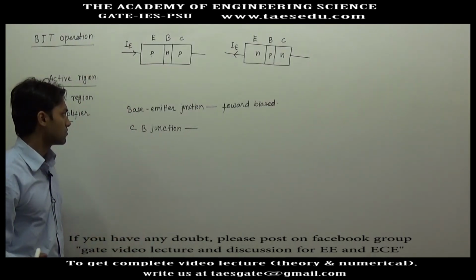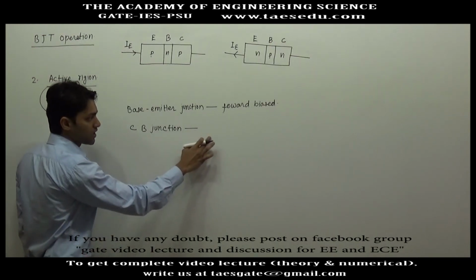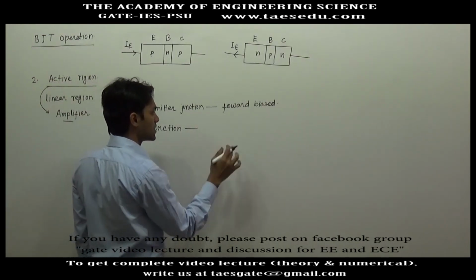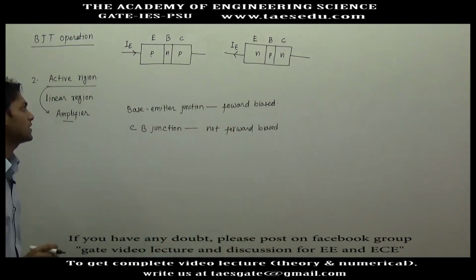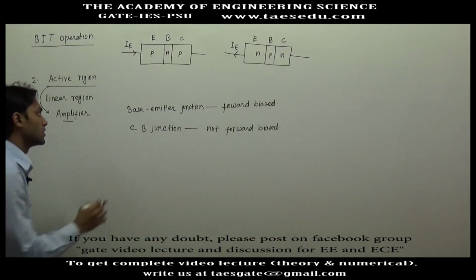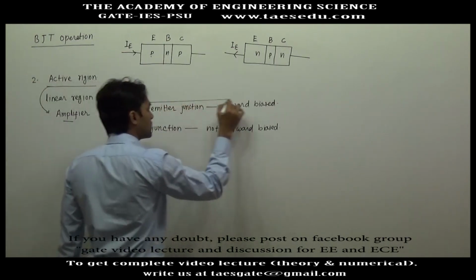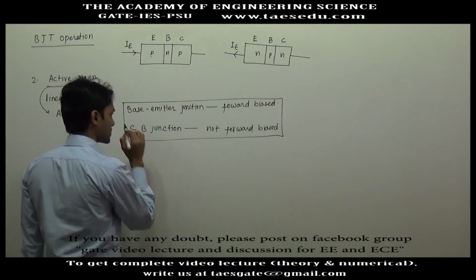But I suggest you not to remember it as reverse biased. It is better to write that this will not be forward biased. So this is the basic definition of the active region for both types of transistors, both PNP and NPN.